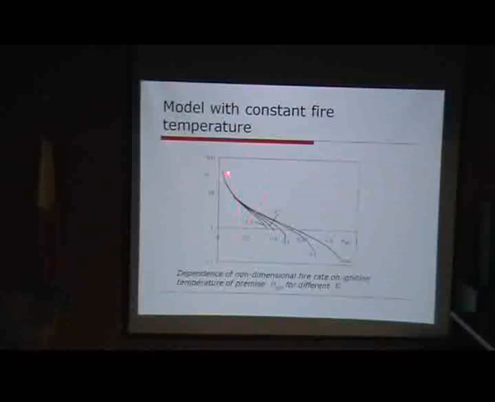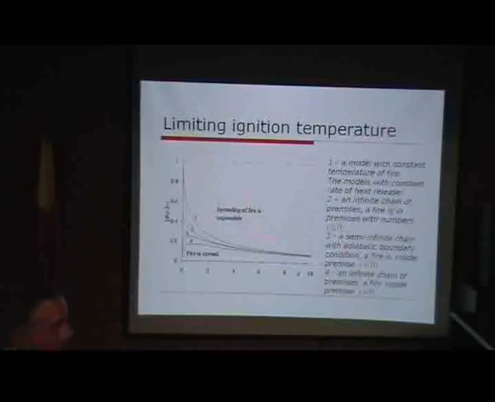And we can see the dependence of the velocity of fire propagation as a function of the non-dimensional ignition temperature for different environment conditions, described by parameter epsilon. And we can see that the curves finish at some points. It means that there is no possibility to spread the fire in some conditions.